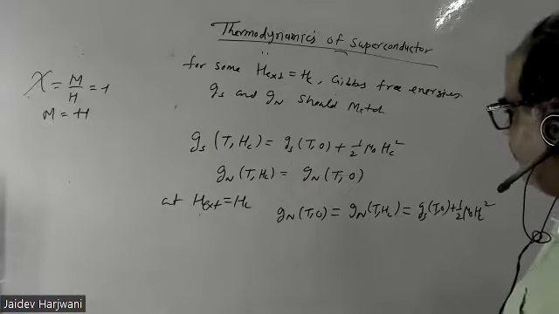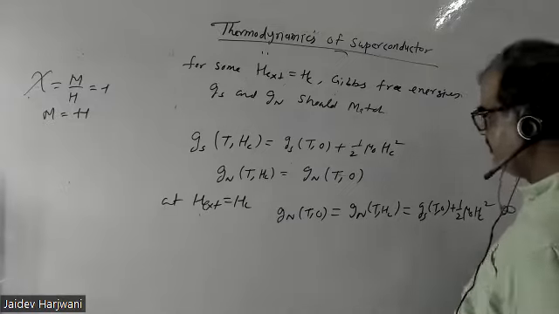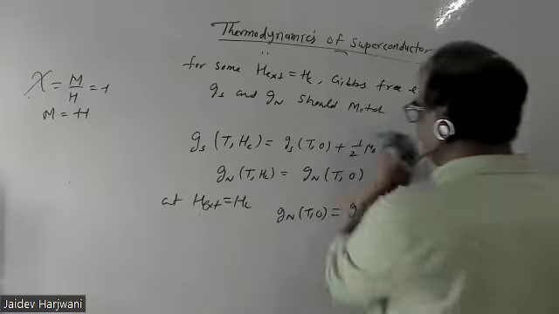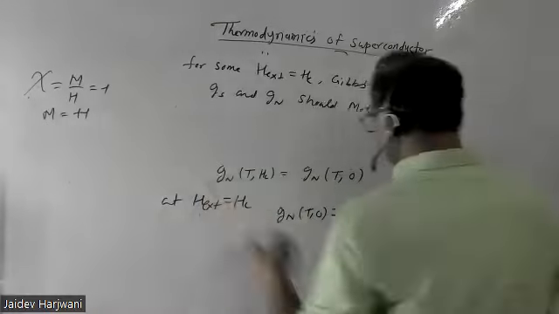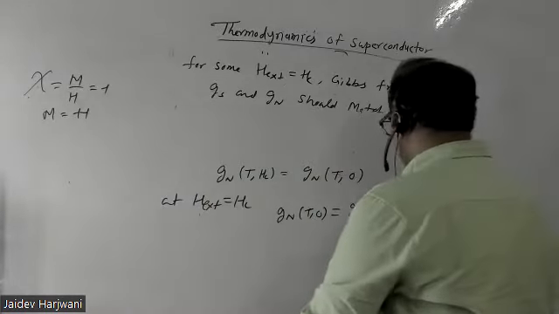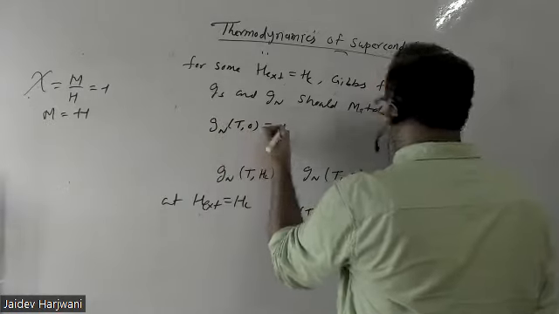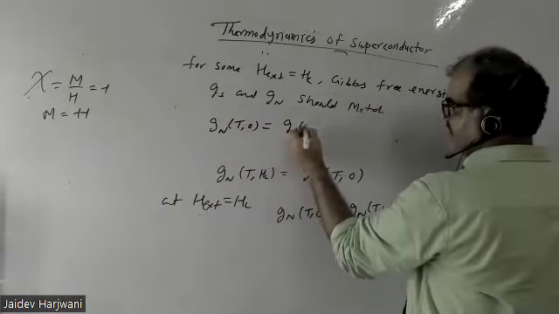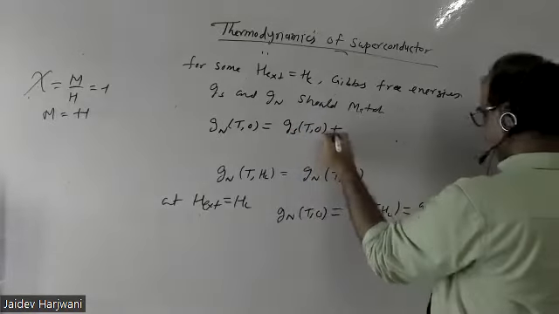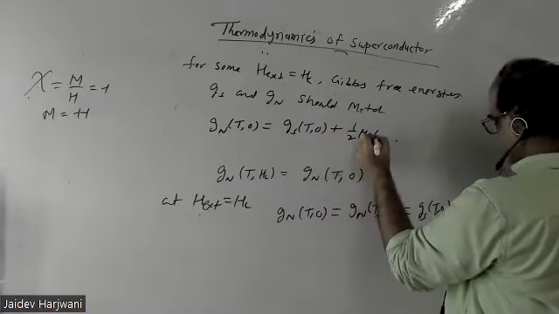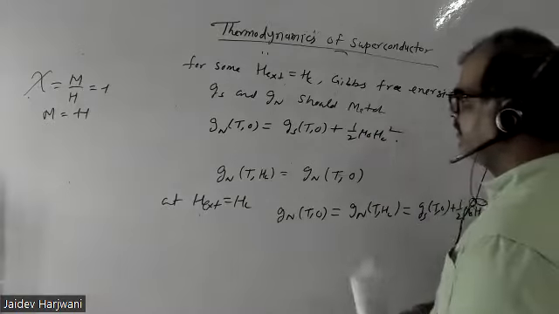Okay, now we have this equation for GN(T,0). So I can write GN(T,0) equals GS(T,0) plus half mu naught Hc square.